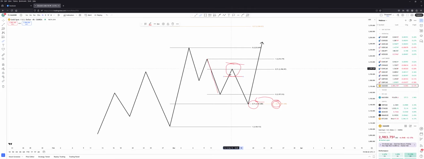It can be anywhere. But if it rejects there, it usually just goes to the minus 0.27 level. So when this aligns, when the 71 matches with the minus 0.27, it means that the shorts are basically going to lead down to the 71 level.